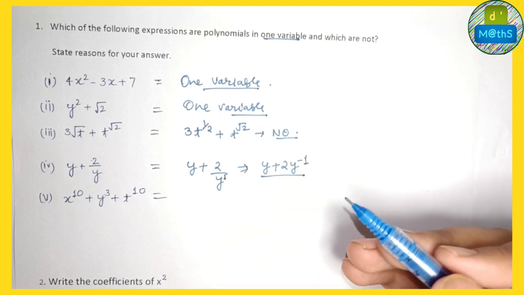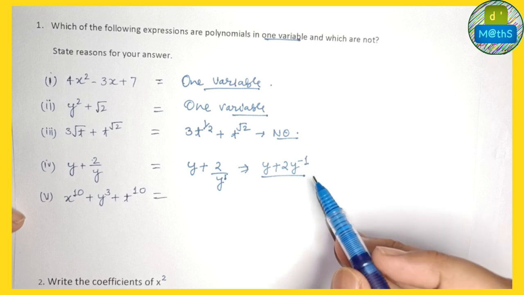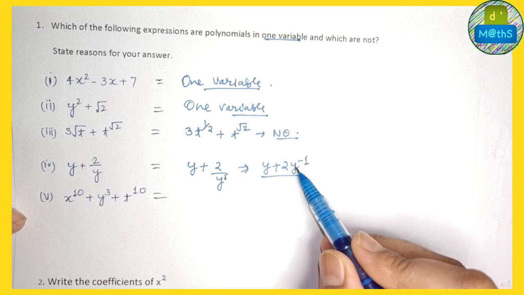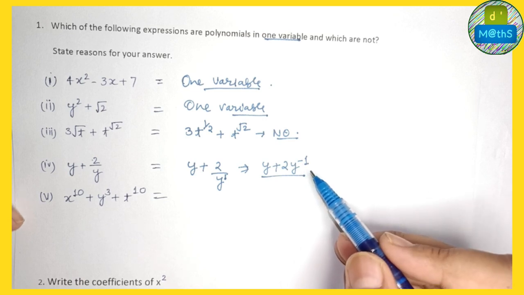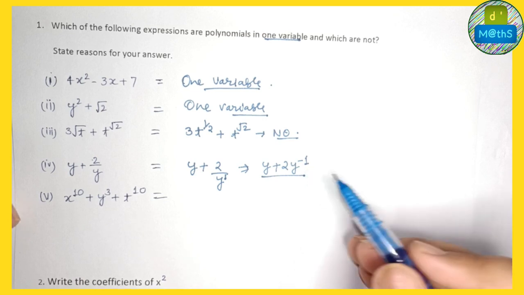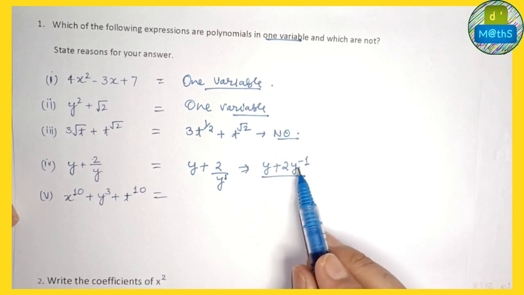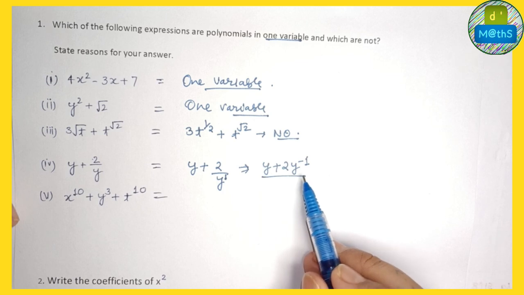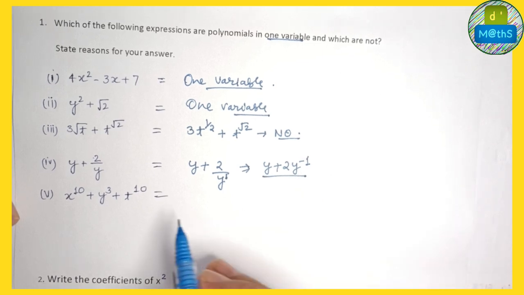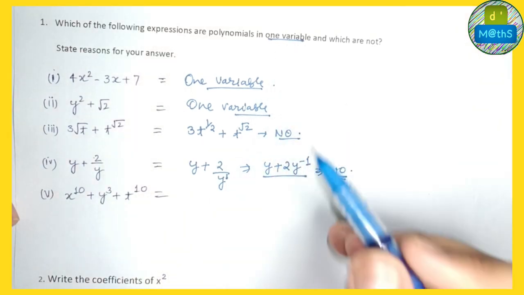So if a variable has a power that is not a whole number, that is from 0 to infinity, then that expression will not be considered a polynomial. So there is no question about one variable. This is not a polynomial itself because the variable has a power of minus 1. And minus 1 is not a whole number. I think this much you know.